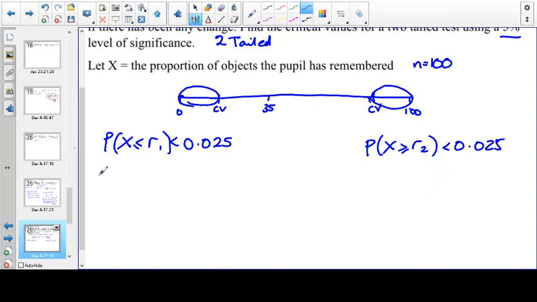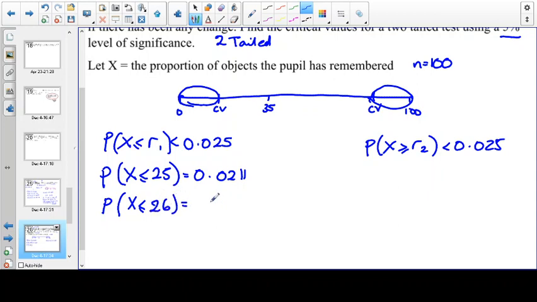The probability X is less than or equal to 25 is 0.0211. I'm just going to explore either side of that just in case. So 26 is 0.035. So this is too much, so 25 is the one we want.